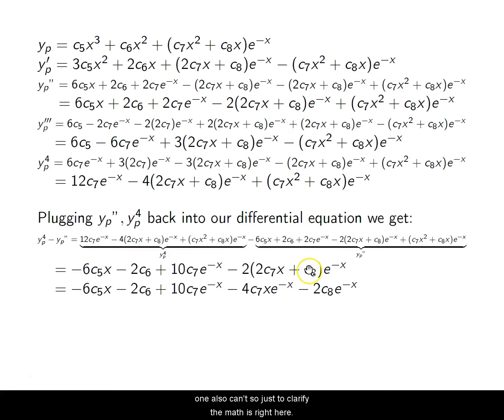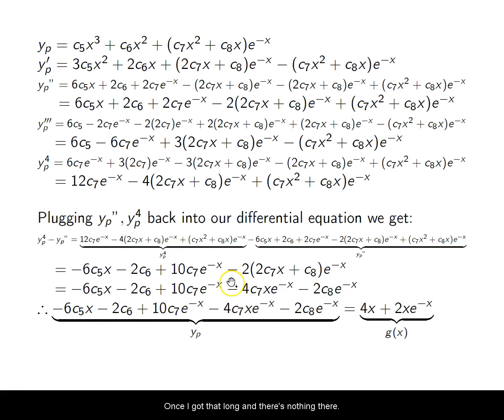Okay, so just to clarify, the math is right here. Ideally, it would have looked better to have parentheses around this term, but that's okay because I put the underbrackets here. Okay, so it's this term minus this term. So now I can start to simplify this down, right? And that's what I did here. So all I did from this line to this line was distribute this negative 2, right?